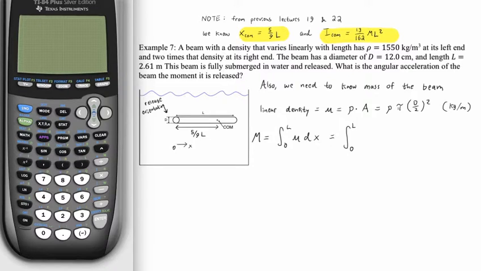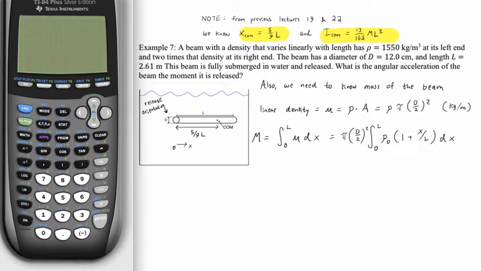Okay, and so then we can put our function in here. What we care about is that it's getting twice as dense, so it's a non-constant density. I'm going to pull out the pi and all the constants in front, so pi d over 2 squared, and the actual function here would be, with upper limit L, rho naught, which is 1550, times 1 plus y over L, and then dx.